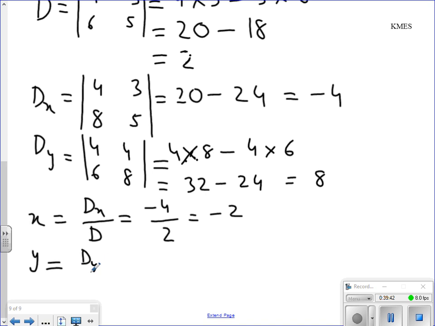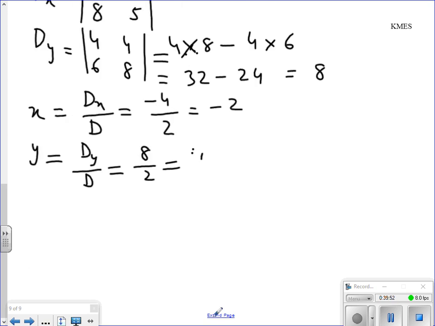And y is given by the formula dy upon d, which is equal to 8 upon 2, which is equal to 4. So x comma y is equal to minus 2 comma 4, which is our solution.